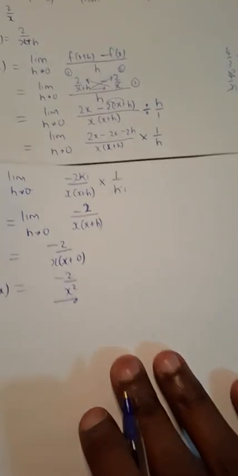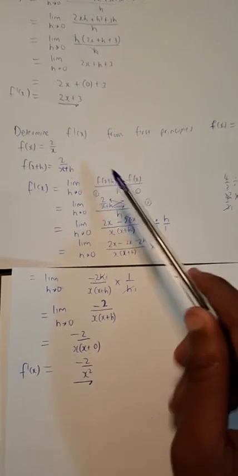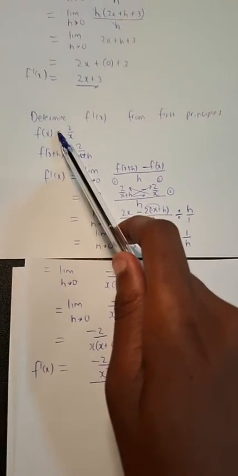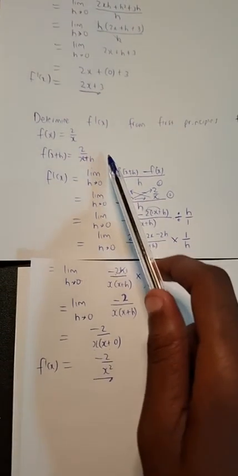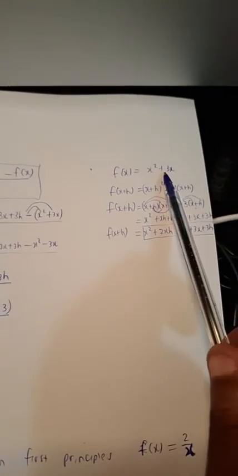All right, but I hope you guys saw how we were able to do this one specifically, f of x equal to 2 over x, deriving from first principles. And then how we were able to derive this one, f of x is equal to x squared plus 3x.